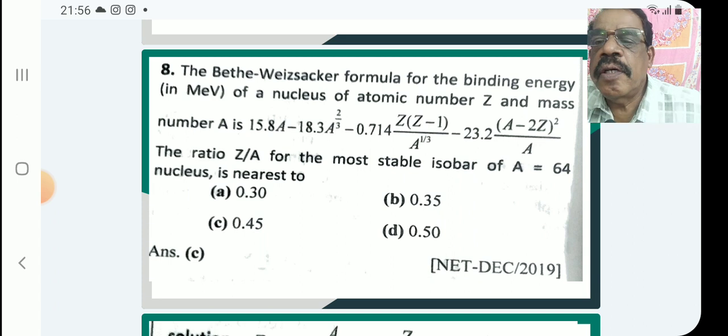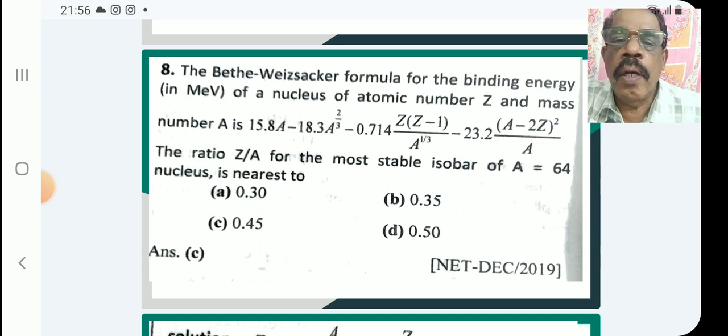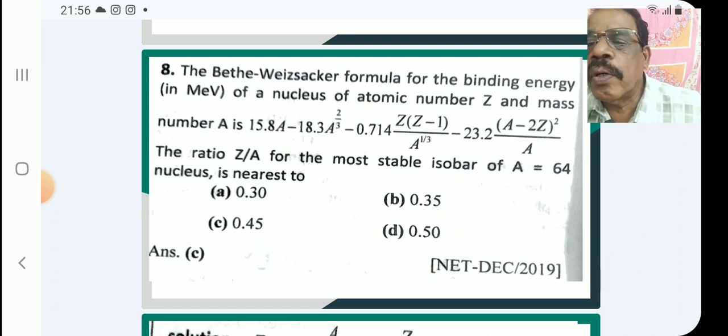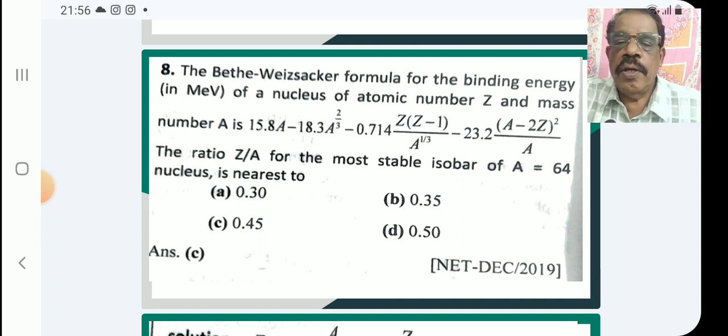The ratio Z by A for the most stable isobar of A equal to 64 nucleus is nearest to A 0.30, B 0.35, C 0.45, D 0.50.